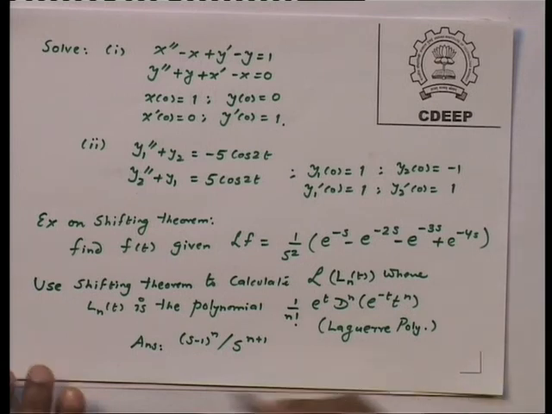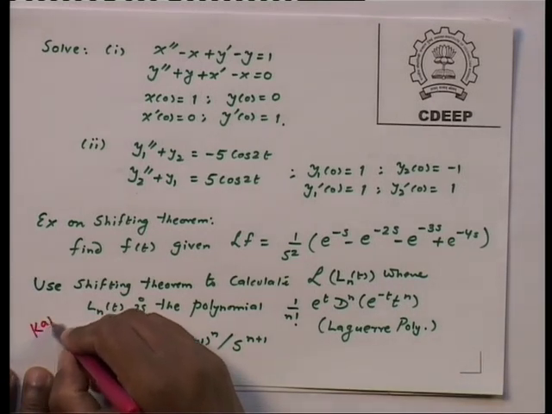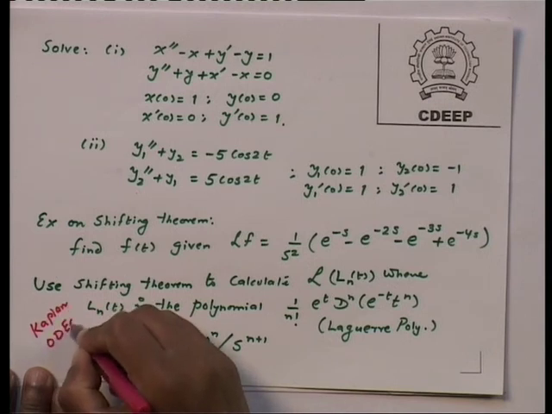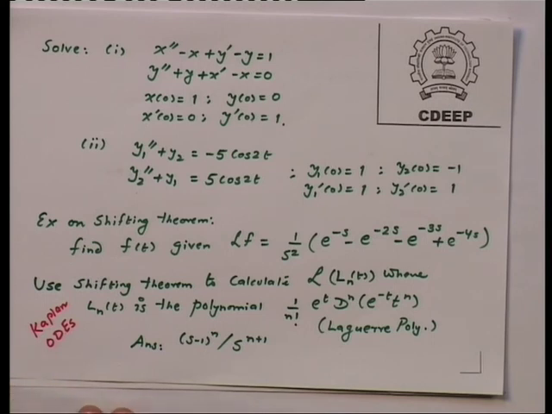This problem is from Kaplan's book on ODEs. Kaplan's book is not available, it is out of print. It is a good book, there are several good books on ODEs. If you find some good examples, just use them for illustrating. This is from Kaplan's book.